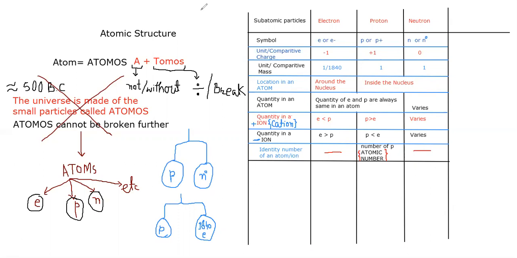Some last points. As we know, an atom is also a matter. Basically, the atom is the basic unit of matter. In our previous classes, we have also studied that matter is made up of particles, which are atoms, molecules, and ions.